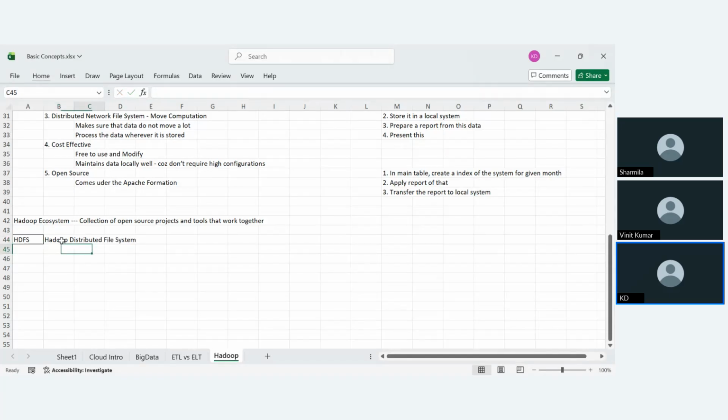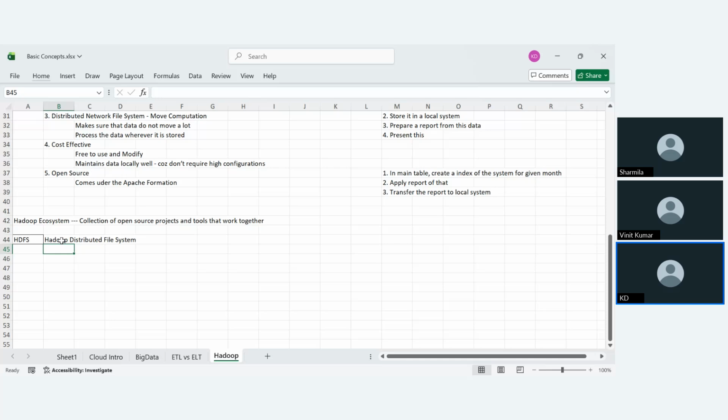Do you remember when we were using Windows, what file system that system follows? Suppose you have a Windows system, with a C drive and D drive, right?